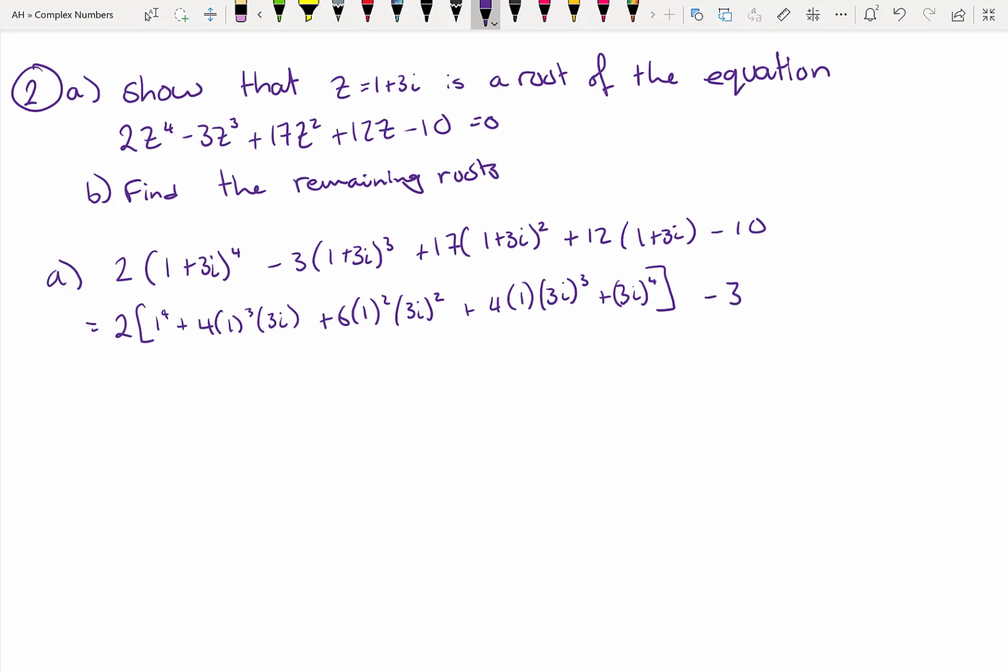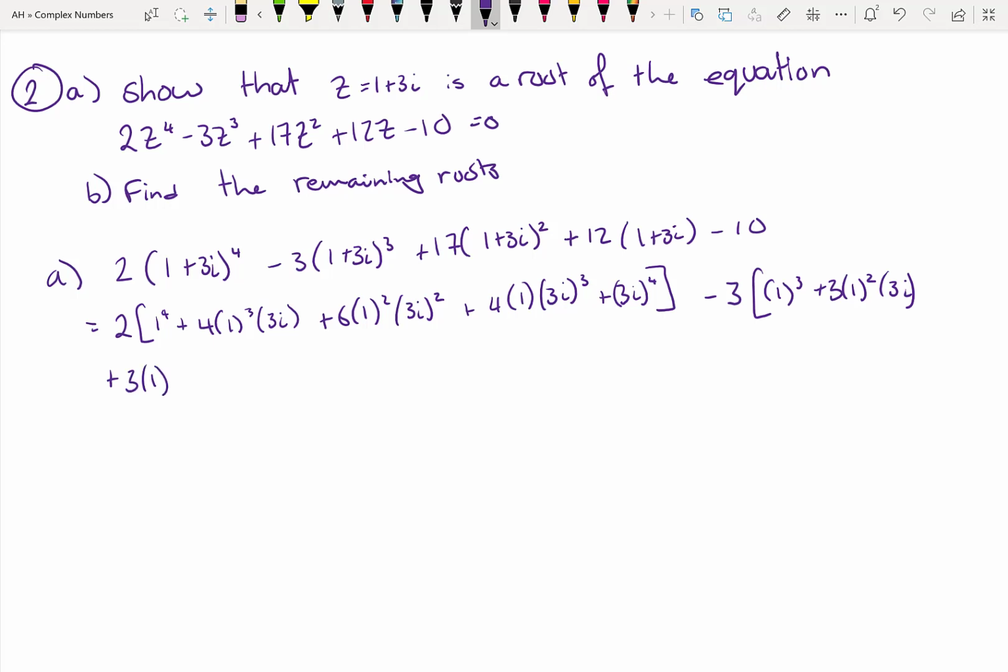So we're going to find that when we're dealing with these, the maths itself is not difficult. Right? It's just basic and simple arithmetic. There is just a lot of it. Okay, so 1 cubed plus 3 lots of 1 squared times 3i. And you're going to find it takes several lines. That's going to be the thing that causes you the most upset.